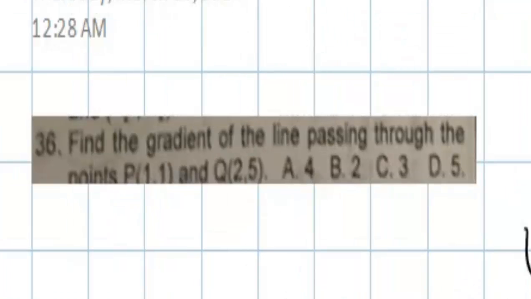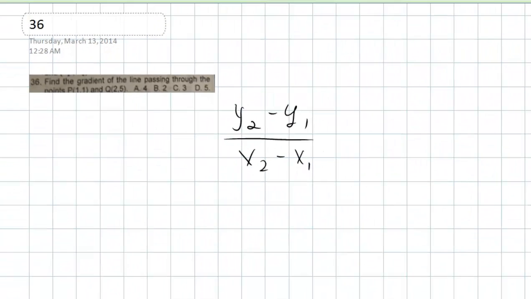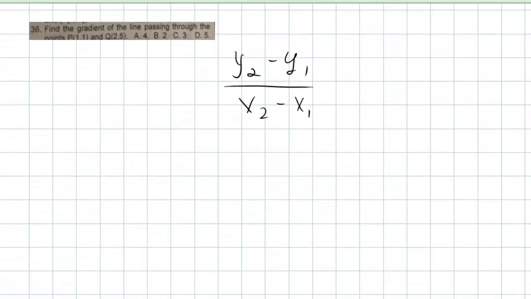So here's question 36. It says find the gradient of the line passing through the points P(1, 1) and Q(2, 5). Remember that to find the slope, we can do it very quickly and easily by using this formula. What it comes from is, when we have a coordinate plane and a line, the slope or the gradient is the rise over the run.